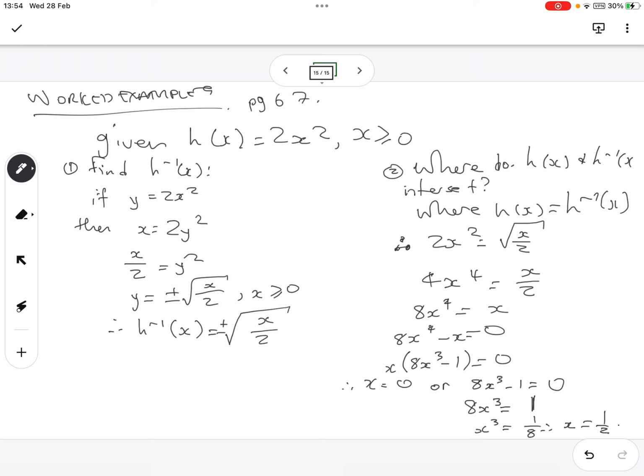Where x is a half, how much is y? A half squared is a quarter times 2, y also equals a half. Okay, so these curves intersect at the point 0, 0 and the point a half, a half.